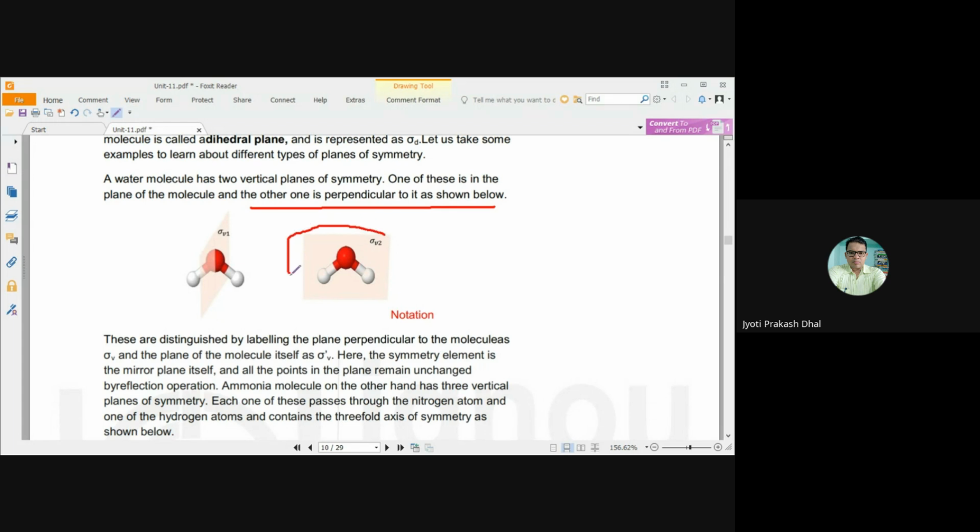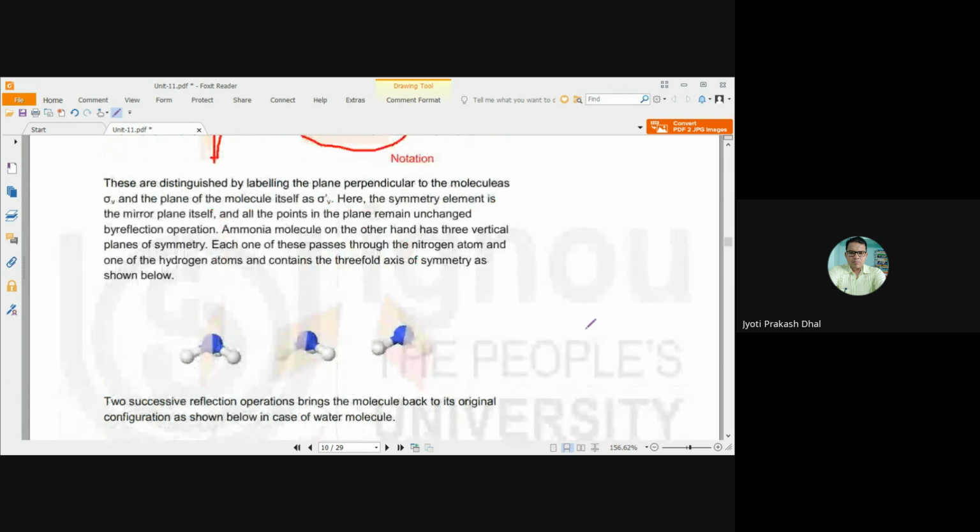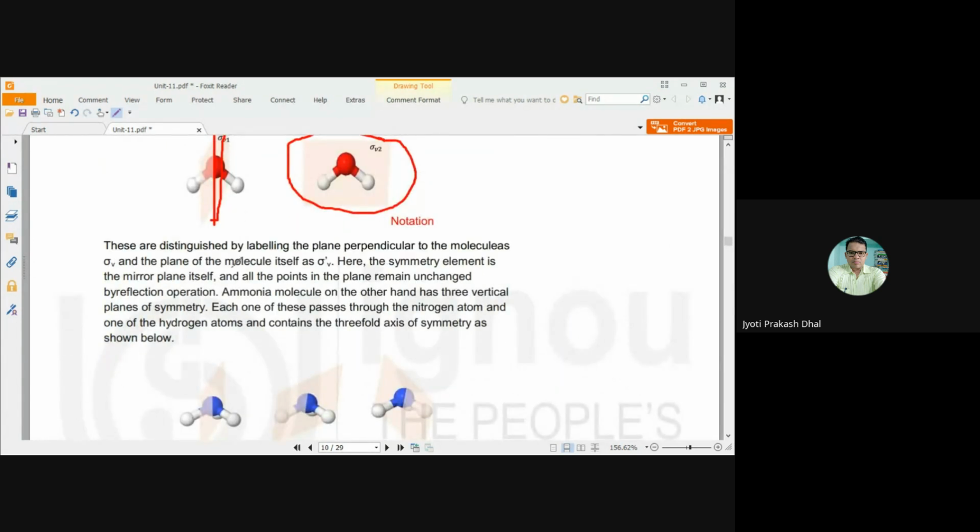The plane perpendicular to the plane of the molecule is distinguished as sigma v, whereas the plane of the molecule itself is sigma v dash.